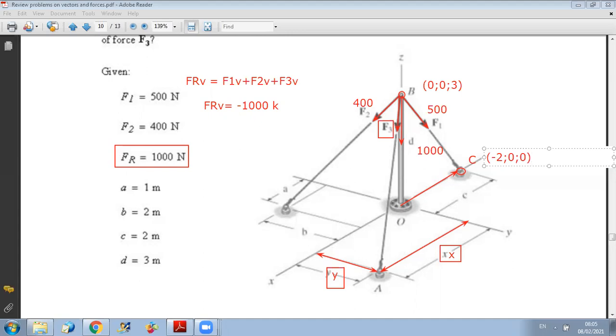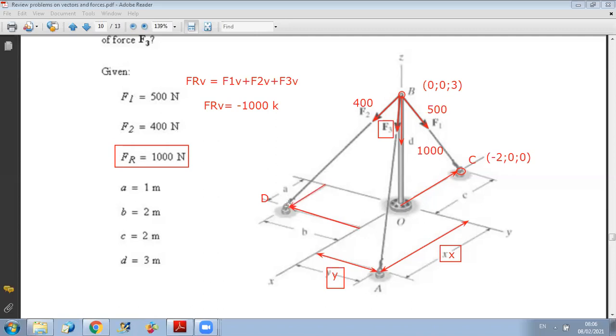Okay? And finally, I will take point D here. For point D, if I look well at the figure and follow the lines, point D is in plane XY. This represents the Y component, and it's a negative Y component because I'm going towards D in the negative direction, and it has a positive X component.